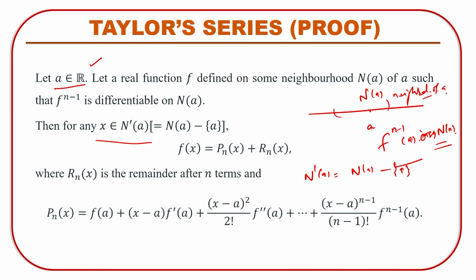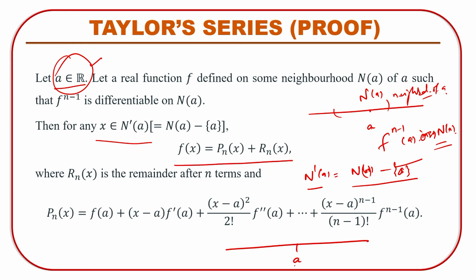N dash of A is the neighborhood except that point. What was the point? The point was A itself. So, I am considering N dash of A as a deleted neighborhood, that means you are not considering A itself. So, f of x can be written as follows. You already have A as a fixed point, N(A) as the neighborhood, and a function f which is differentiable up to the (n minus 1)th derivative.